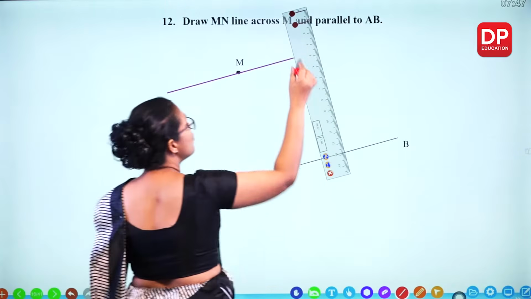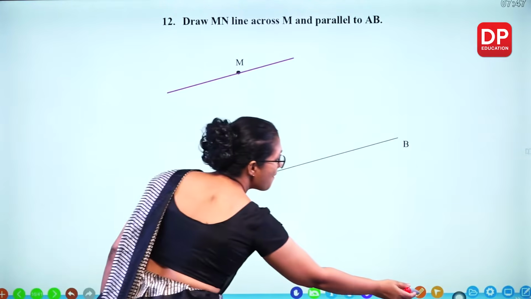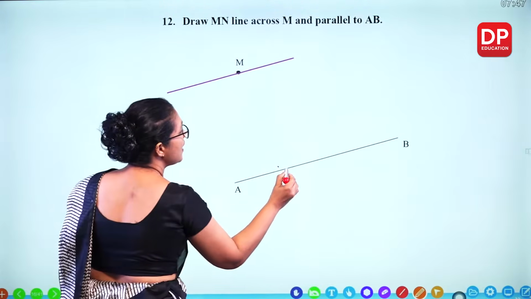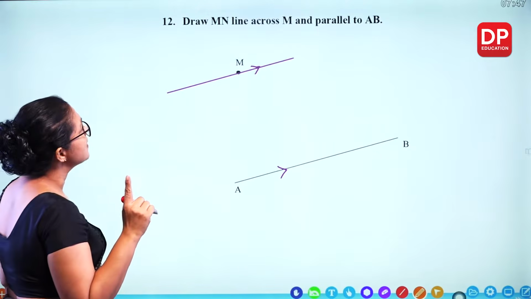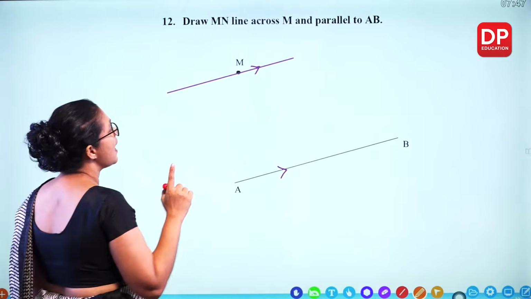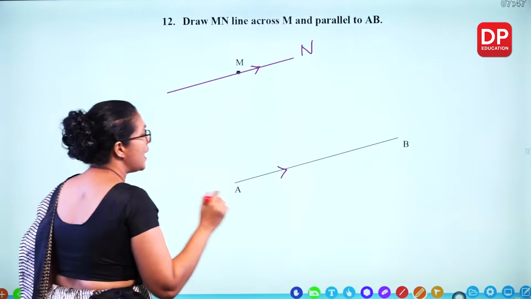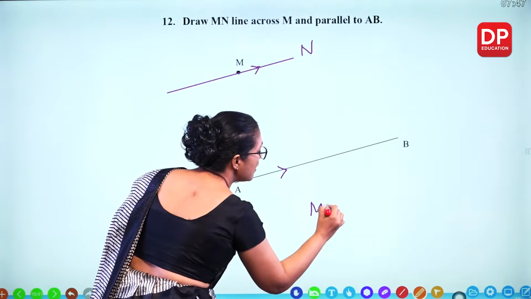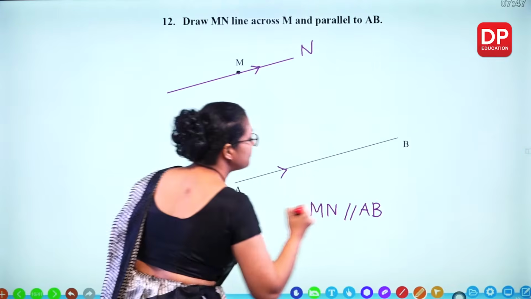And we can remove this and this line we can see parallel to AB and passes through M. So what's the line? We can label it as MN. So MN line is parallel to AB.